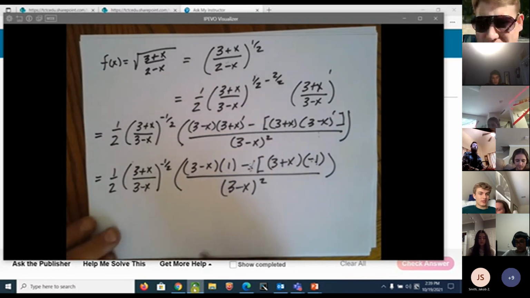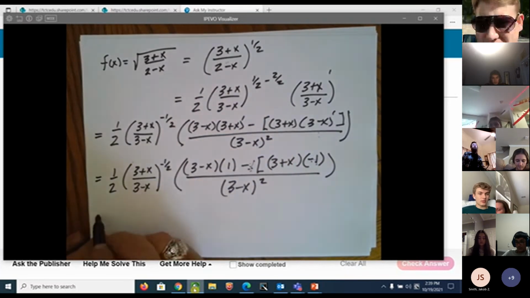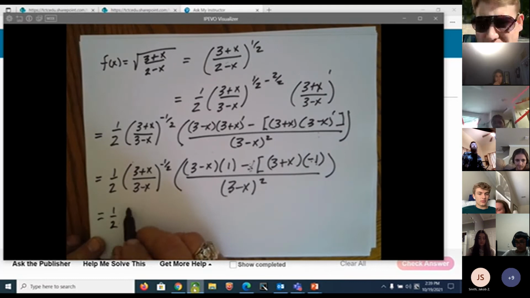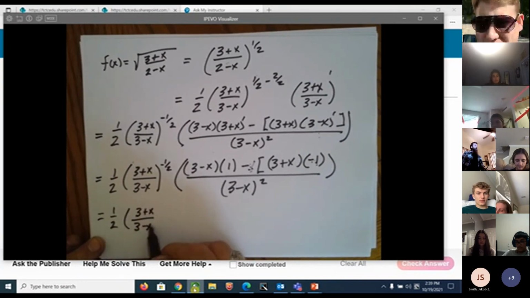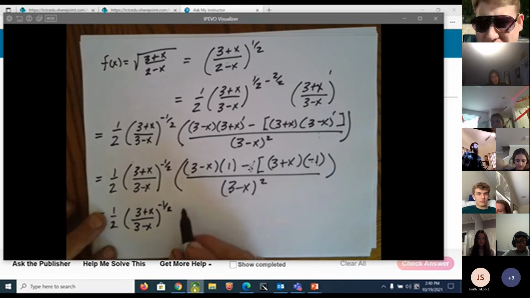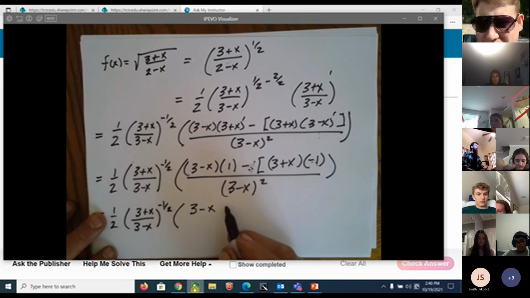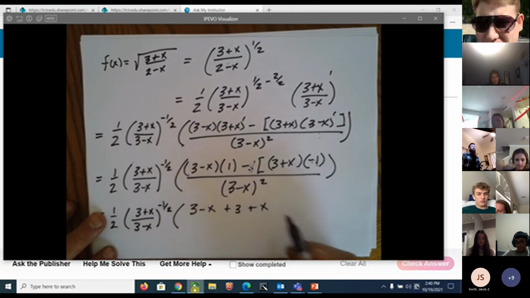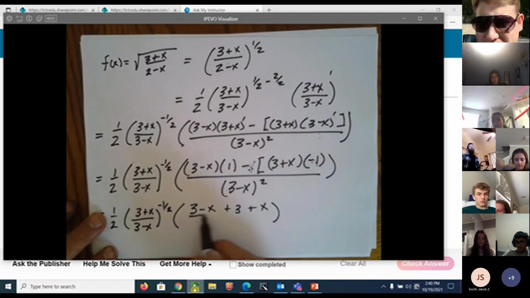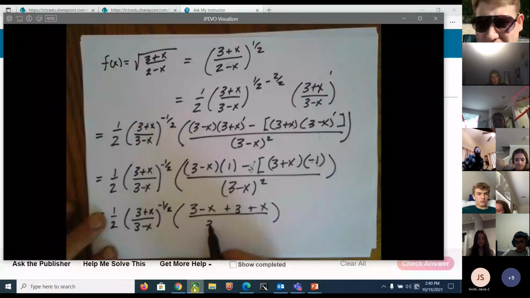So you're going to get 1/2 times 3 plus x over 3 minus x to the negative 1/2. And that's going to give you 3 minus x plus 3 plus x over 3 minus x quantity squared.